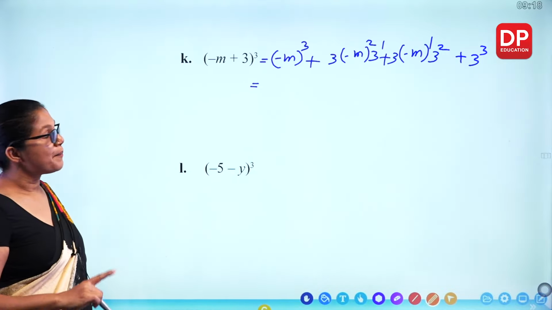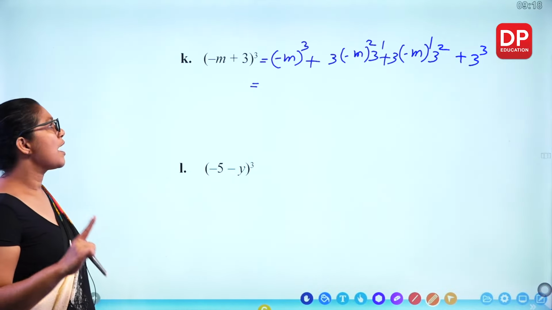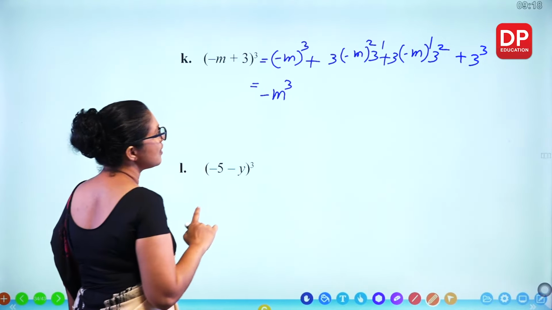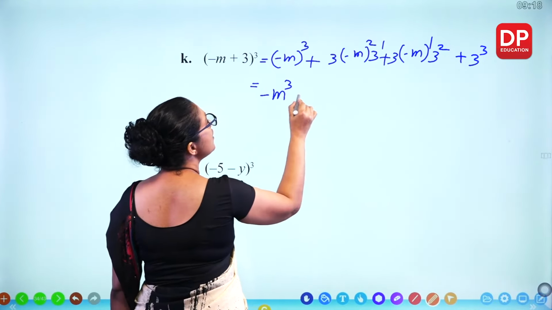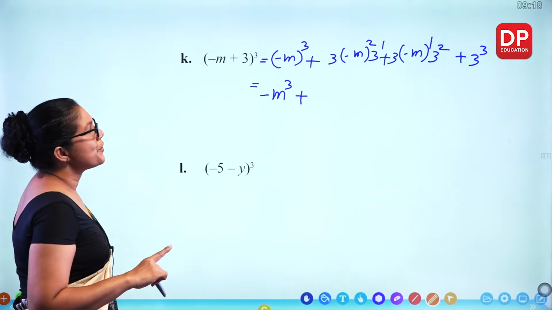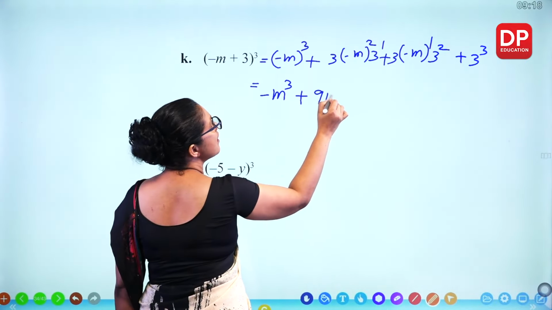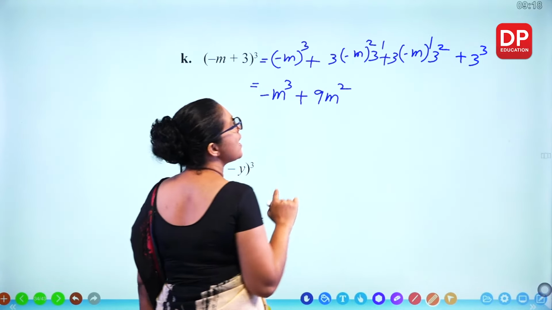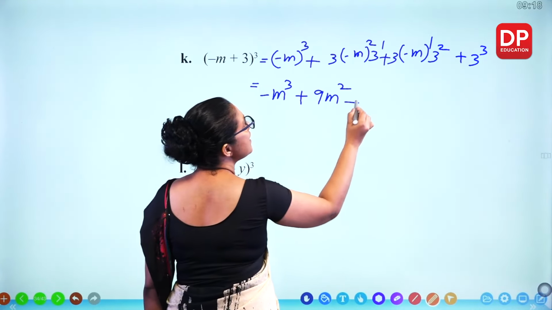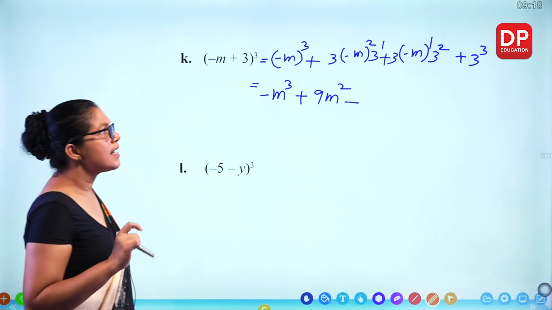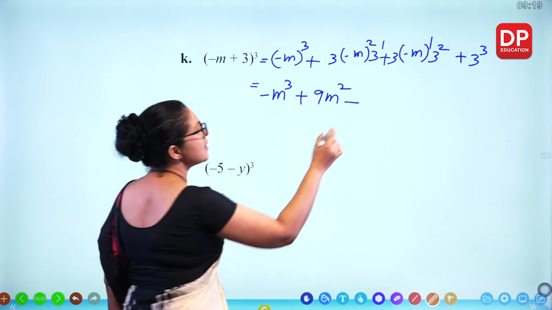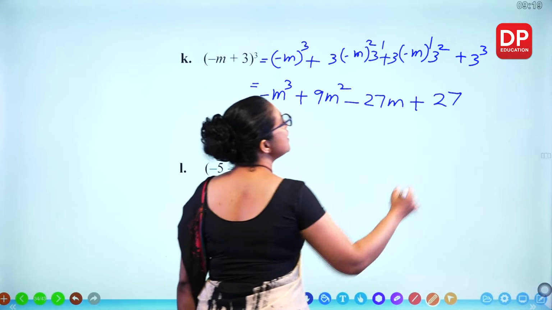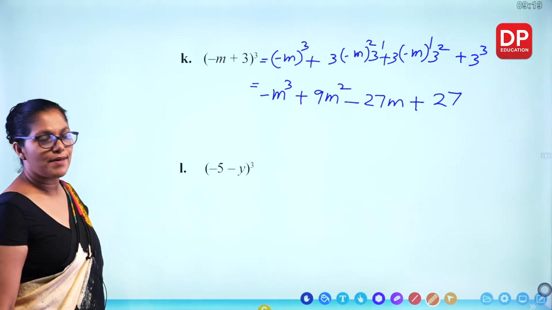Now, simplify. Minus m times minus m times minus m, you get minus m cube. This one, minus m squared, you get positive. 3 times 3, 9. 9m squared. This one, you get minus because there's a minus 1 there. So, minus 3 times 3, 9. 9 times 3, 27. So, you get 27m. And 3 to the power 3, you get 27.